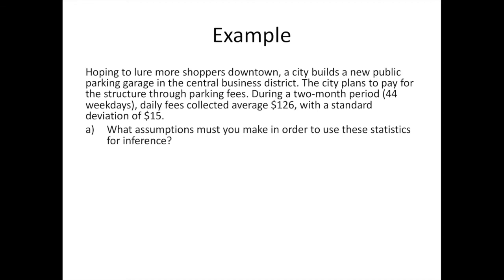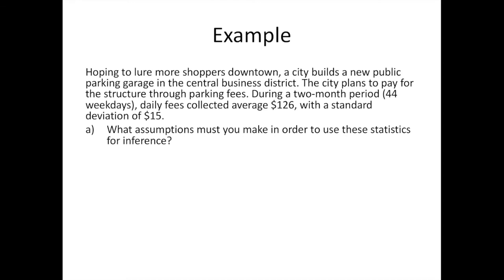The other consideration is that since we don't know the population standard deviation, when constructing a confidence interval we'll need to replace that with s, meaning we'd like to use a t distribution. But that requires a nearly normal population distribution, which I have no knowledge of here. So we'll have to assume that, or a very large sample size, but 44 isn't that large.